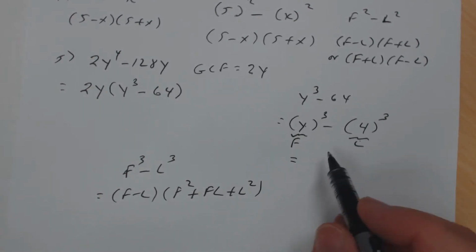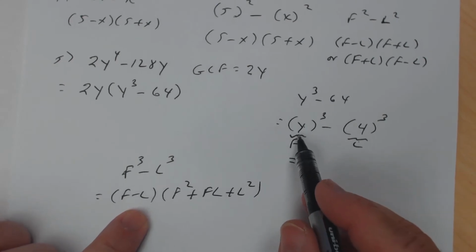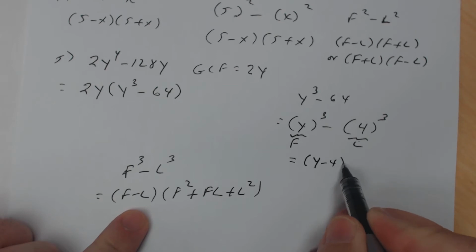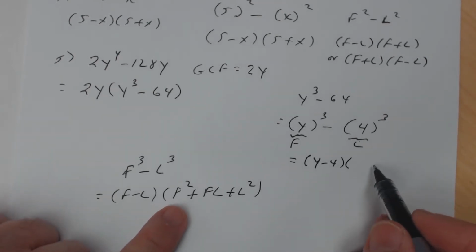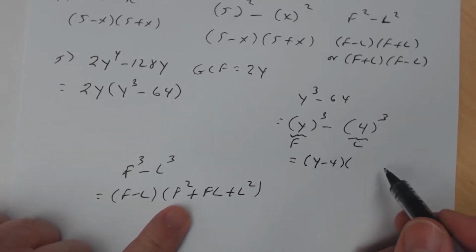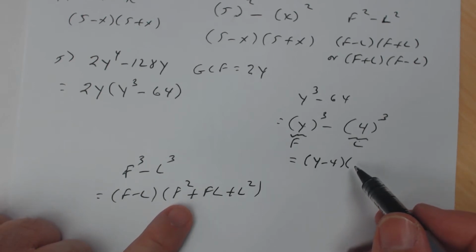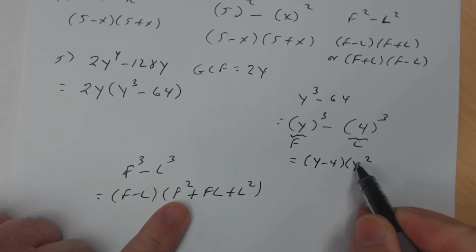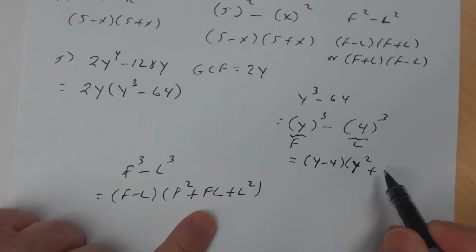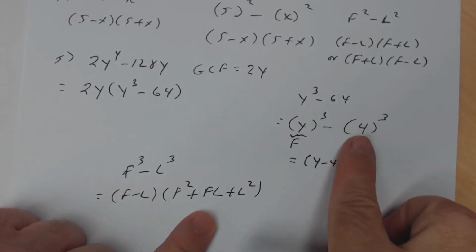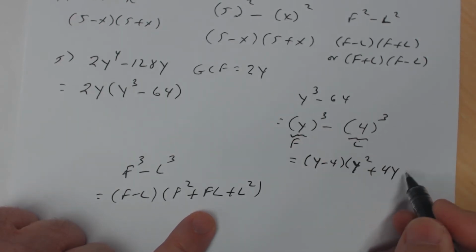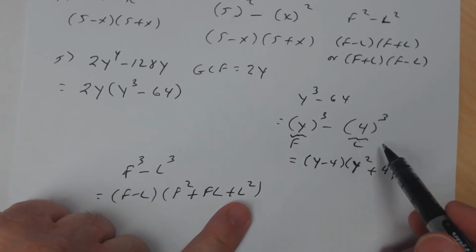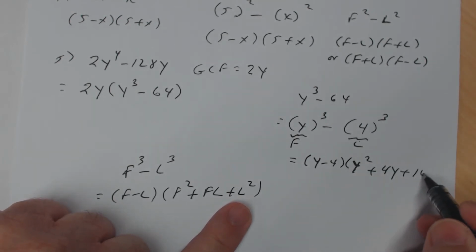So I'm going to get F minus L, so y minus 4, times, in the trinomial, remember it's a binomial times a trinomial, you're going to get F squared, so y times y, that's y squared, plus F times L, so y times 4 is 4y, plus L squared, meaning L times L. So if L is 4, 4 times 4 is 16.